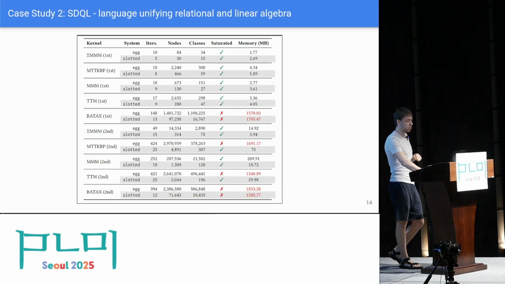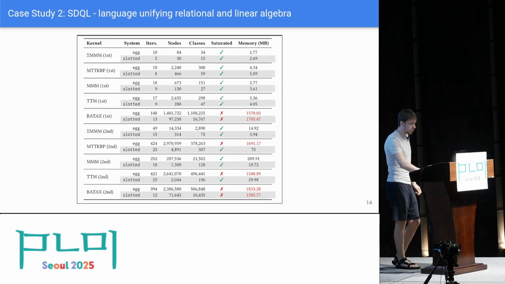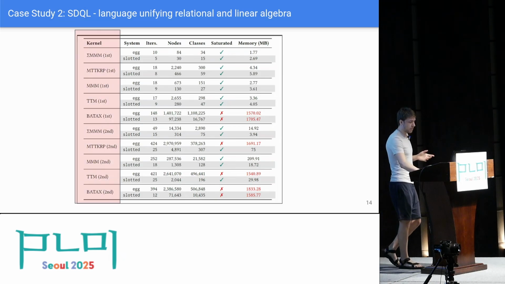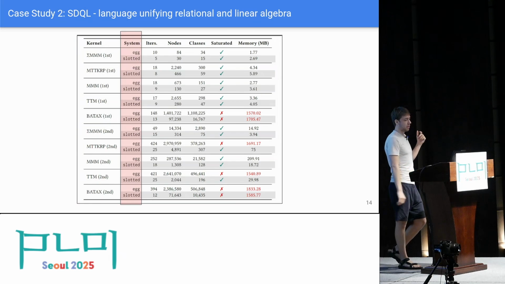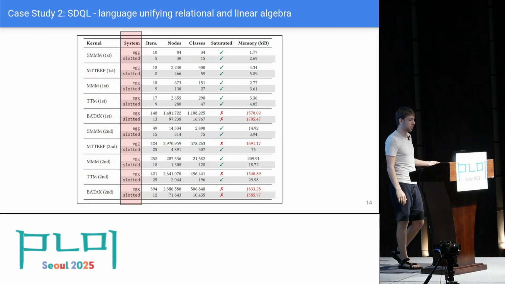Yeah, let's get to a more real-world example where we have bigger, more interesting programs from the SQL case study, which comes from database theory. And here on the left side, we see a bunch of programs we want to optimize. And you can always see in white, we have the egg de Bruijn baseline, and in gray, we have the slotted one.